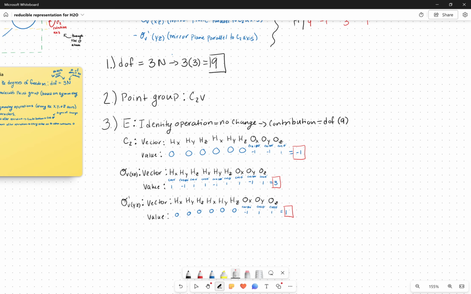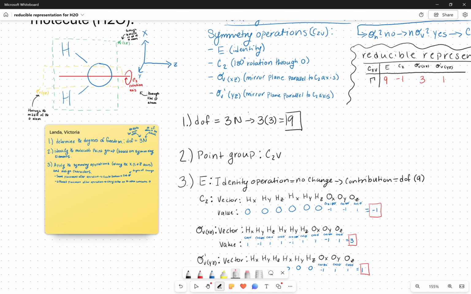For C2, looking over here with this C2 rotation axis through the oxygen, we know that the H atoms will change positions, contributing 0 for all vectors. However, knowing that this C2 rotation is going through the Z axis, Z will not have a rotation, but we do have movement.